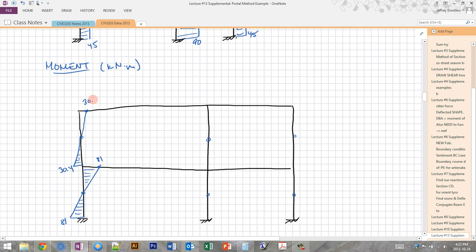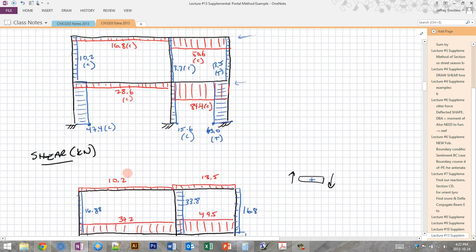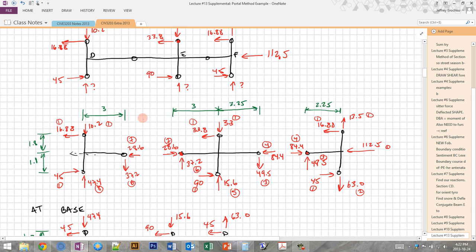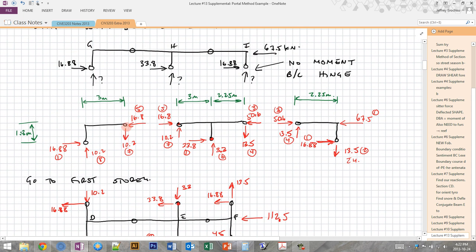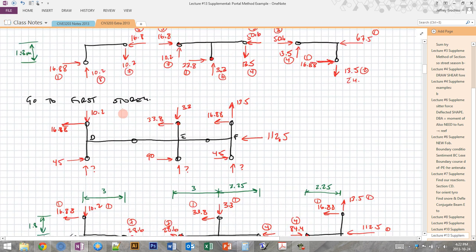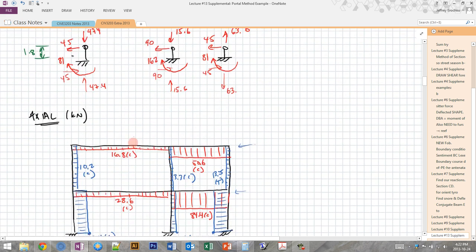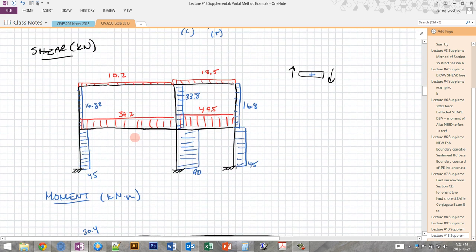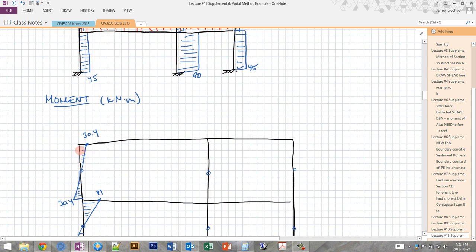And that's 30.4. Okay, now let's do this beam here so that we can see that we have compatible moments around the corner. So the top beam is 10.2 times 3 meters to find the moment at the root here. So it's 10.2 times 3, and that equals 30.6.